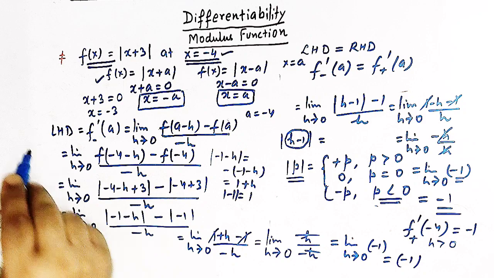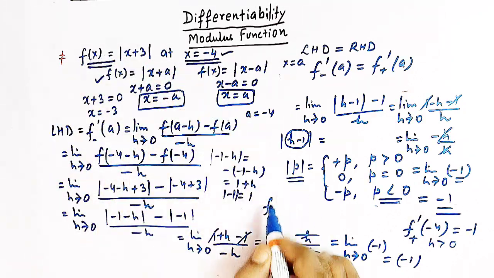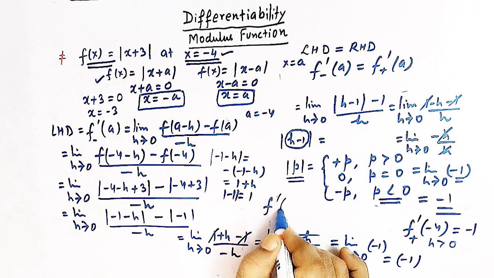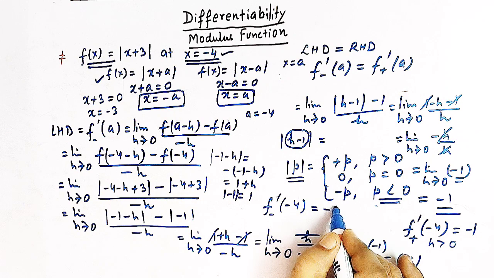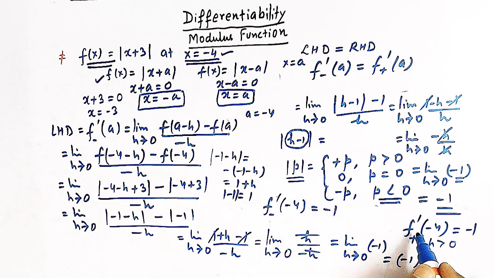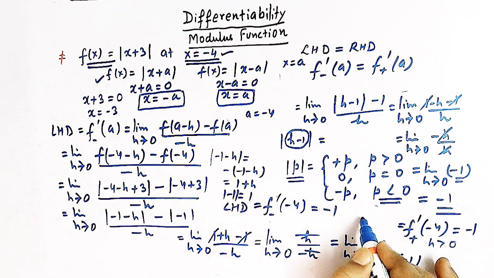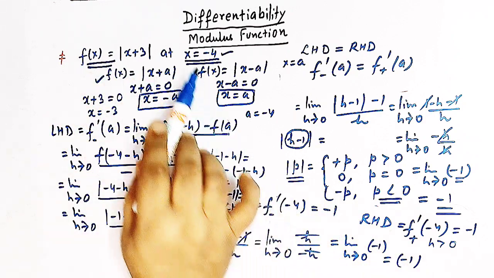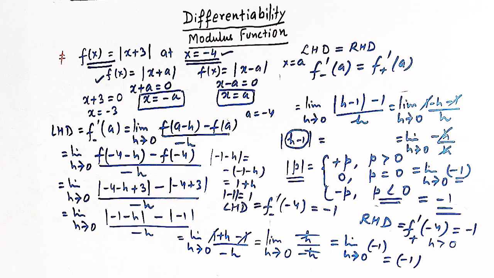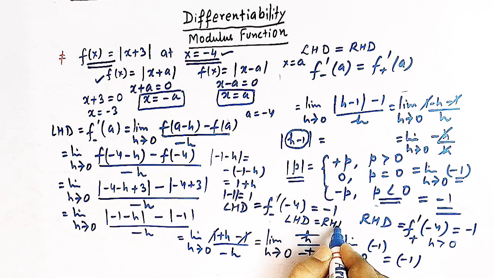So the left hand derivative of this function at this point, that is f prime of minus 4, here we write a negative sign, and this is equal to minus 1, right? So we see that the left hand derivative and the right hand derivative both exist, and they are finite at this point, x is equal to minus 4, and both are equal to each other. So we can write left hand derivative is equal to right hand derivative.